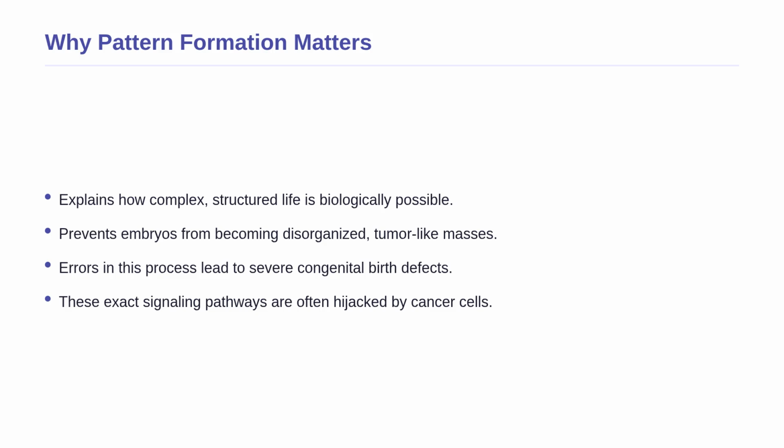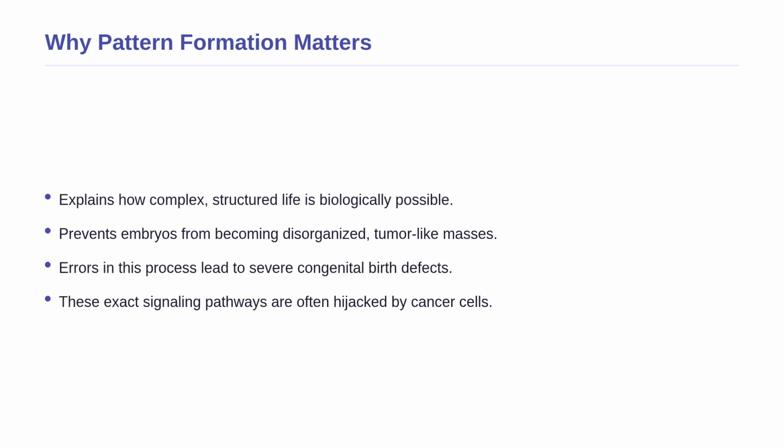Understanding this gradient system leads us to an important realization about human health. Pattern formation is absolutely critical because it explains how complex life is even possible. Without this spatial organization, a fertilized egg would merely divide into a disorganized, chaotic mass of identical cells, much like a tumor.